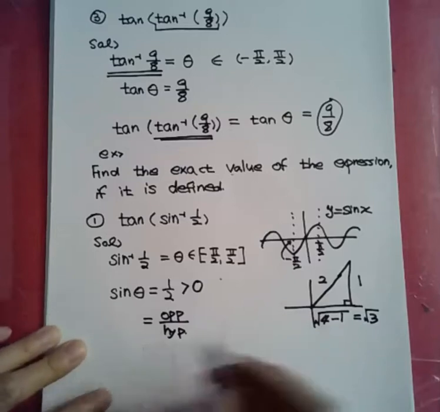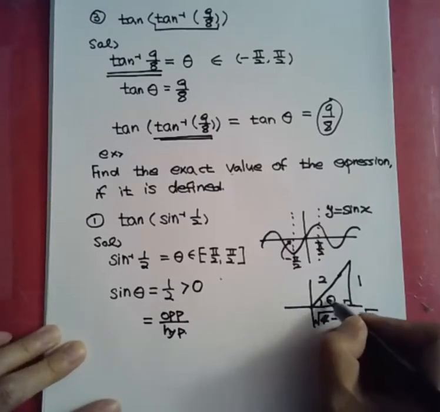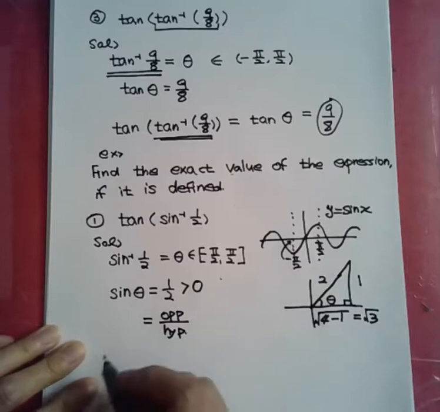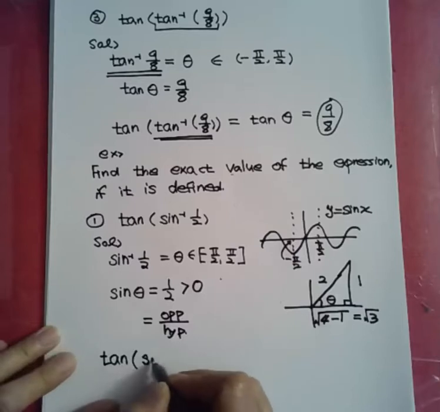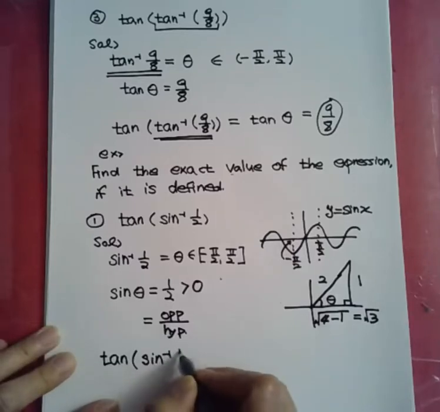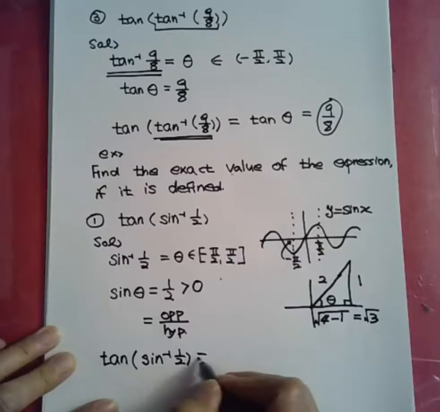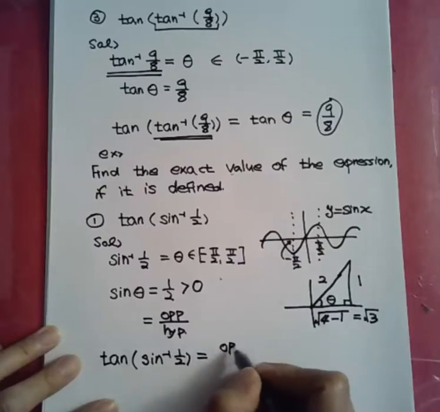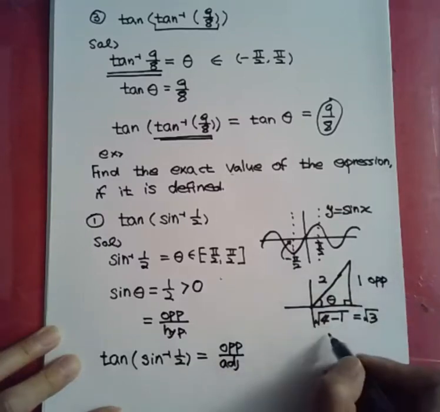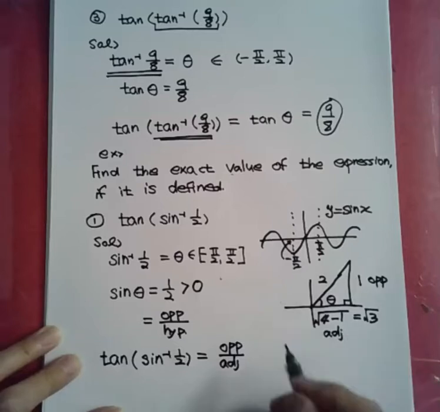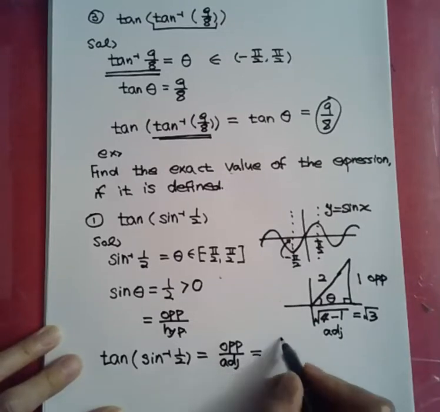So by thinking about this triangle, we can evaluate the tangent value. Tangent of sine inverse of 1/2 equals opposite over adjacent. 1 is opposite and adjacent is square root of 3. So that is 1 over square root of 3.